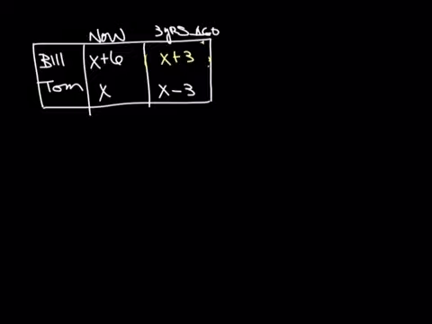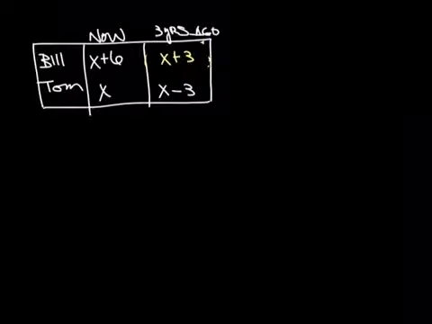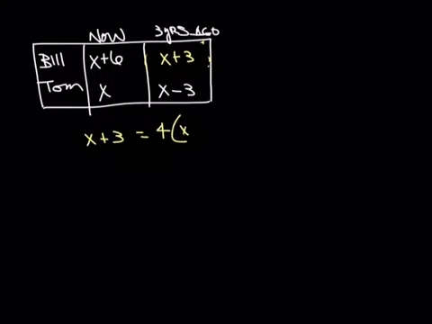So it says 3 years ago, Bill's age was 4 times Tom's age. So without that 4, we'd be saying that Bill's age and Tom's age were the same 3 years ago, but what it says is Bill's age was 4 times Tom's age.